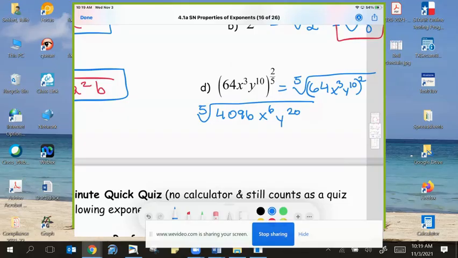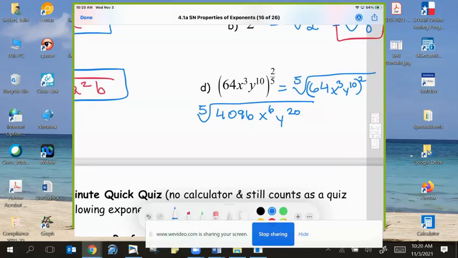Now if we can take the fifth root of any of these values, we want to do that. 64 does not have a fifth root, and when we square it, we still don't have a fifth root. X to the 6th does not have a fifth root because that 5 will not divide into the 6. But y to the 20th does have a fifth root.